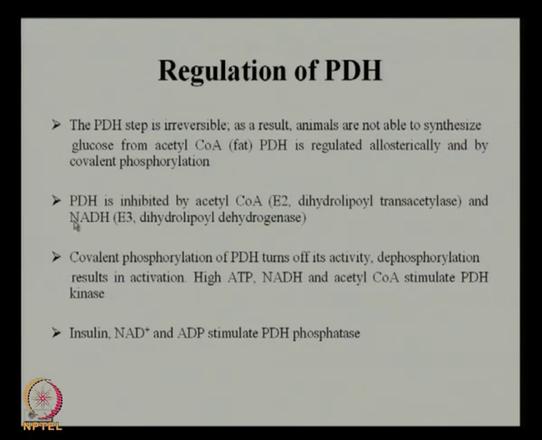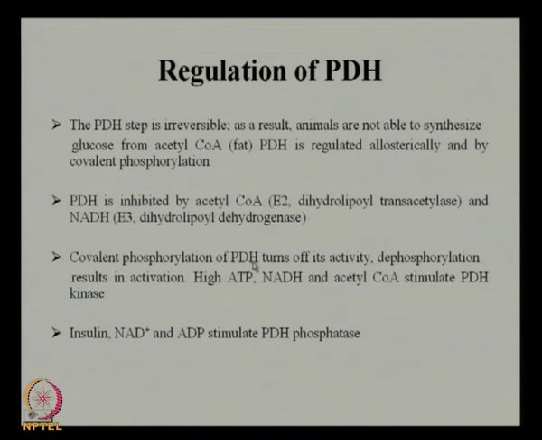Now, if we see the regulation, the pyruvate dehydrogenase step is irreversible. As a result, animals are not able to synthesize glucose from acetyl-CoA or fat. Pyruvate dehydrogenase is regulated allosterically and by covalent phosphorylation, as we have already discussed. It is inhibited by acetyl-CoA, the product of dihydrolipoyl transacetylase, and NADH, the product of the E3 moiety dihydrolipoyl dehydrogenase, being allosteric in nature.